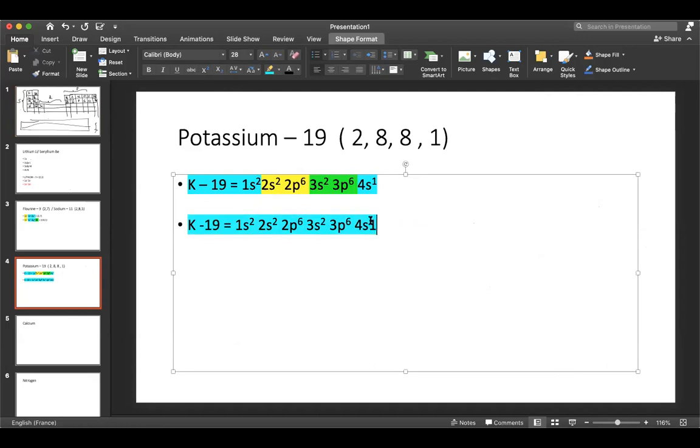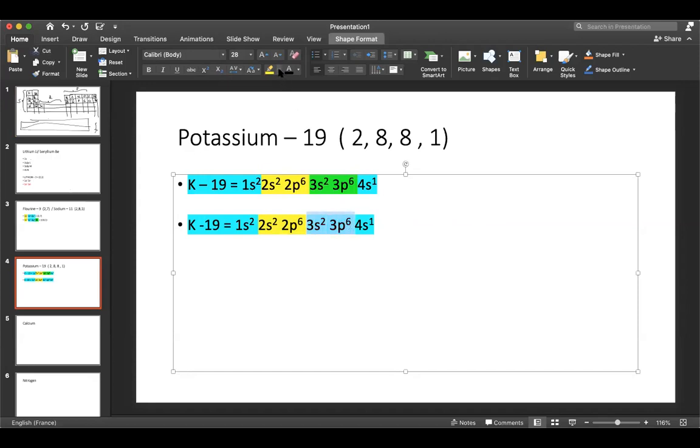For us to get to where lithium is, how many movements am I supposed to make? You're supposed to take into consideration which energy level you are in, or which orbital you are in.